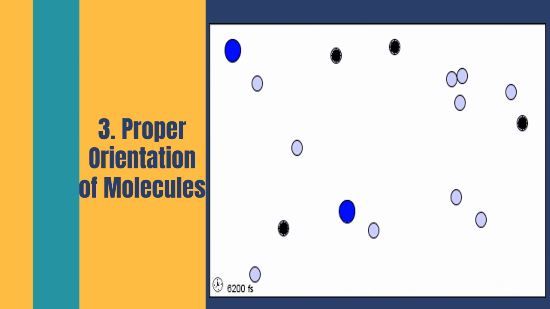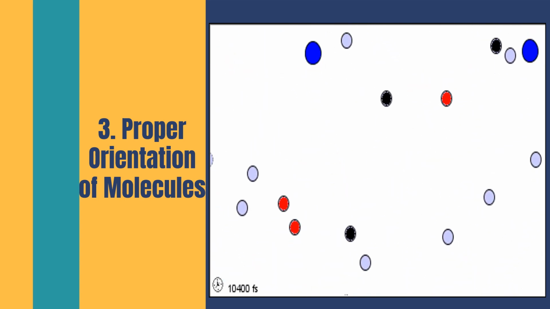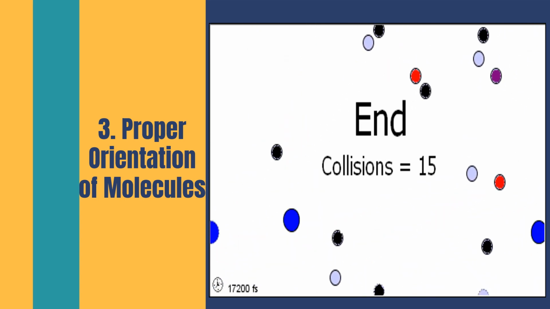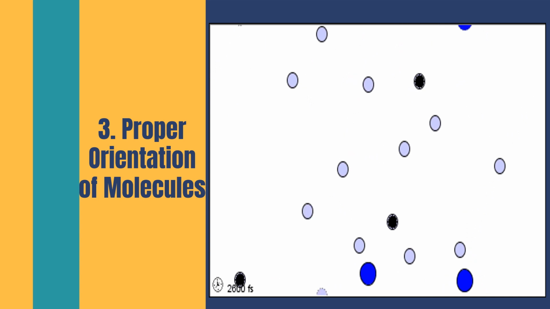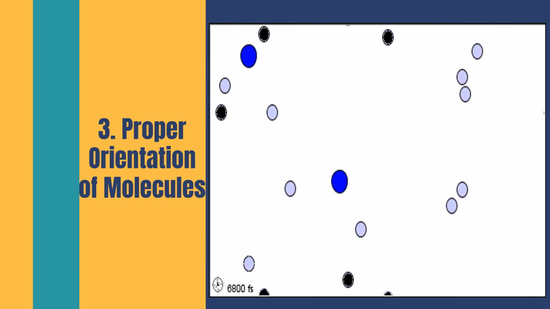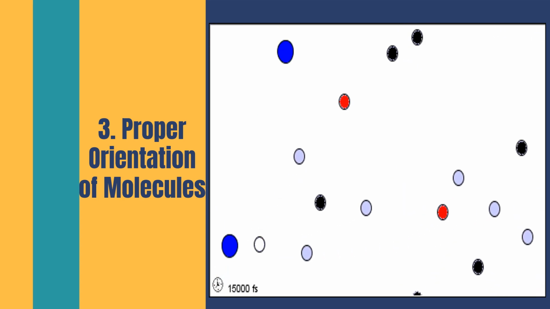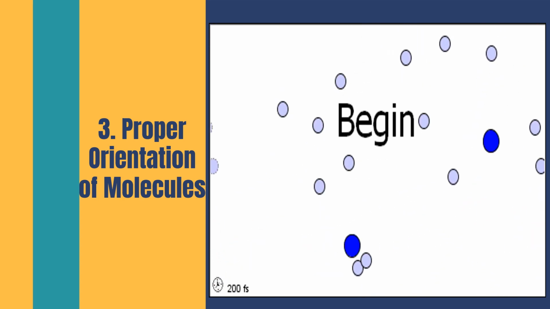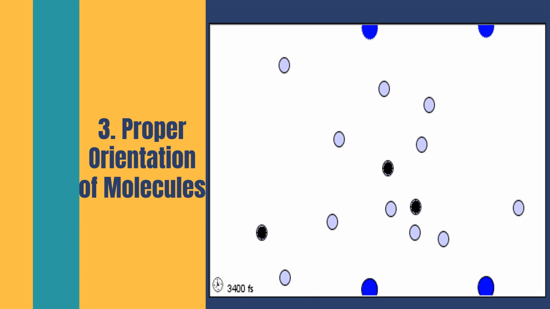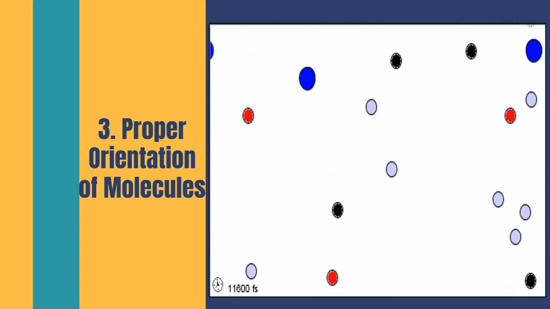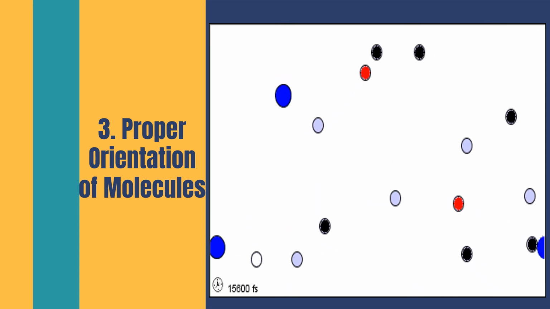The reason for this is that molecules also need to collide with the right orientation so that the proper atoms line up with one another and bonds can break and reform in the necessary positions. That is why properly oriented molecules lead to more effective collisions. Understood? Let's continue.